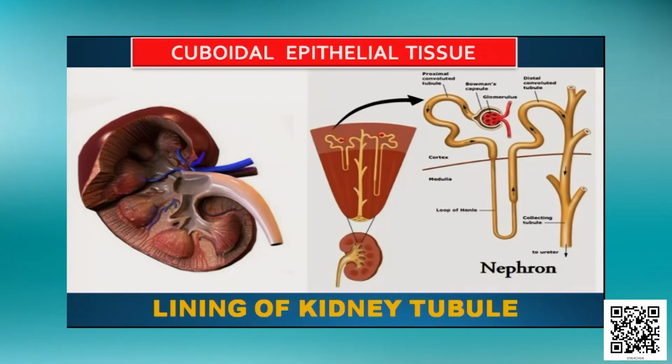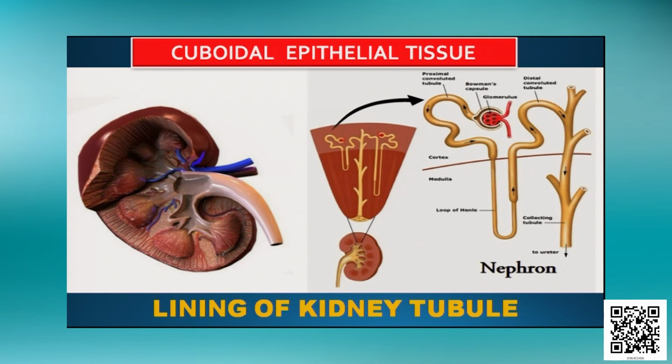Here, the next type of epithelial tissue is cuboidal epithelial tissue. Usually, this tissue is found in the lining of the kidney tubule. The human kidney is made up of millions and millions of tubular structures. The structural and functional unit of the kidney is called the nephron.